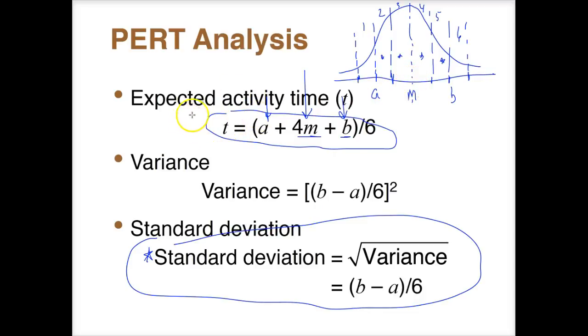But the reason why I said here that this is sort of like us trying to calculate a standard deviation is because we have this weighted here. So if we weight this and then divide it by 6, then the expected activity time that we get is going to be on average what we're actually expecting to get, okay?